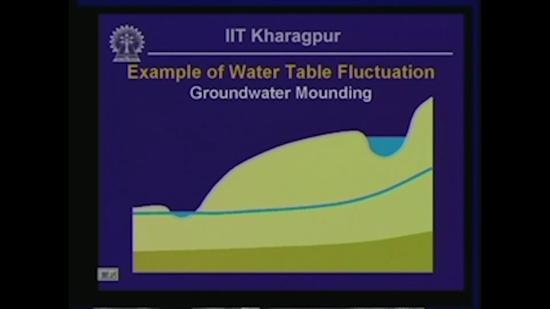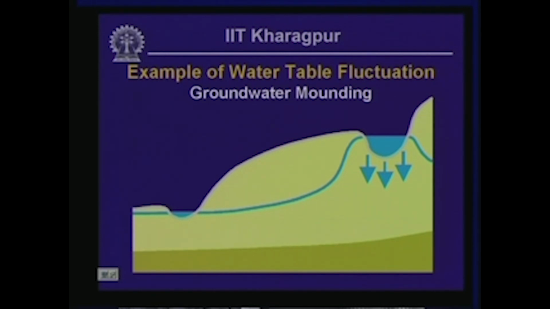So once the stream becomes full, because of recharge, the groundwater table is going to rise in that manner, and what you are going to have is a temporary rise of groundwater table, and then after the stream dies, the groundwater is going to get back to the original lower position. Okay.